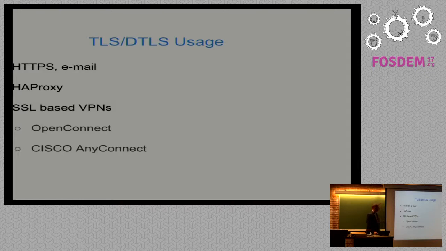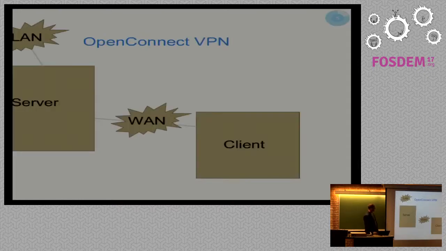And let's focus on some scenarios with OpenConnect. So let's say we have a client that communicates with some device that is located on a local area network. And let's say that the communication is already established, so there is no handshake. We are just sending data. What needs to be done on the client side?